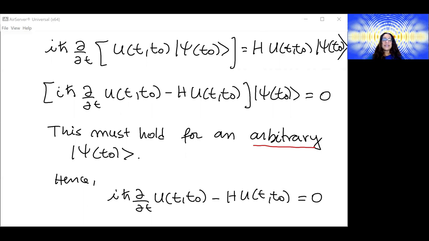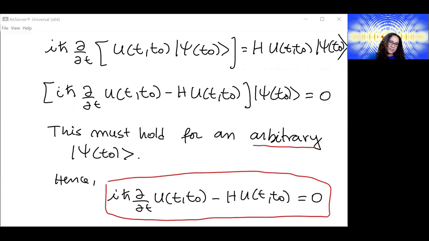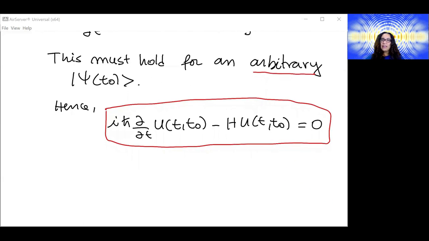And it's very nice because you can really see that this time evolution operator, which is something very mysterious, satisfies, and it has to satisfy, the time-dependent Schrödinger equation. Another thing we can say about it is that it is unitary. And this is extremely, extremely important.